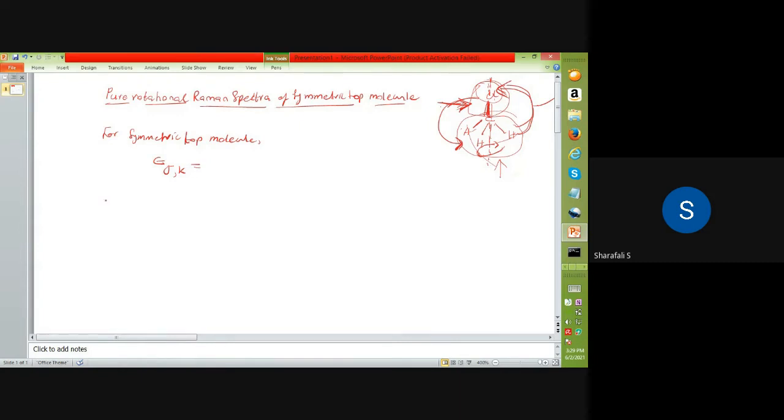So we have two different non-zero moment of inertia components. And J and K are the rotational quantum numbers corresponding to both of those rotations. One is the end over end rotation, that is J. About this axis we have the rotational quantum number K.